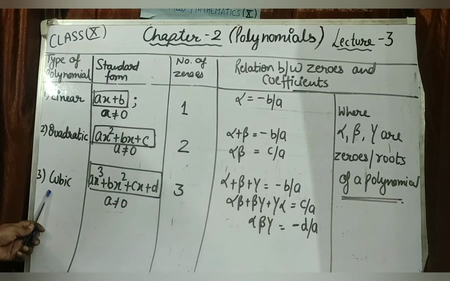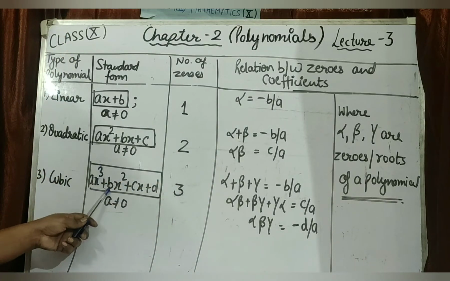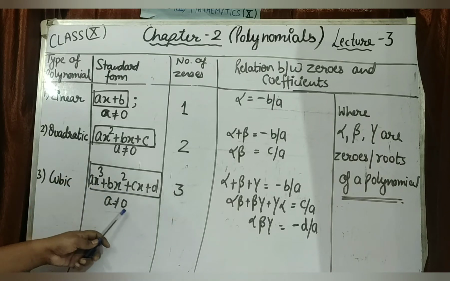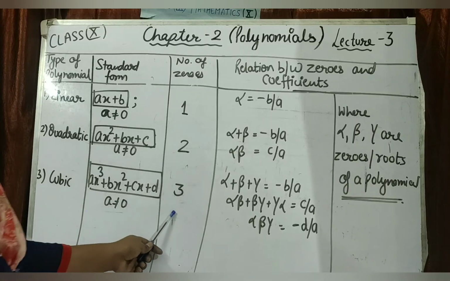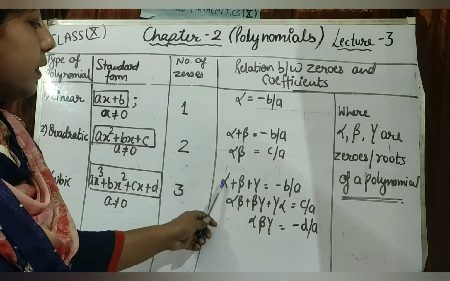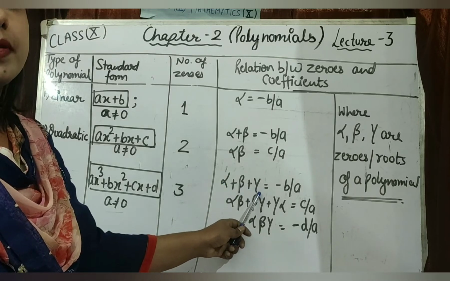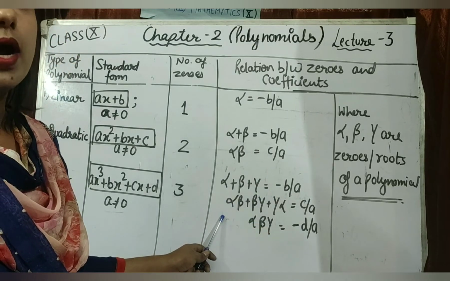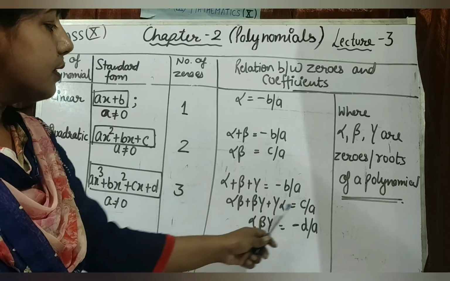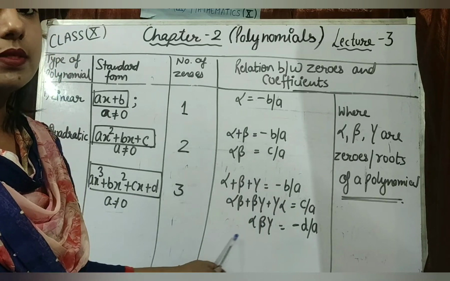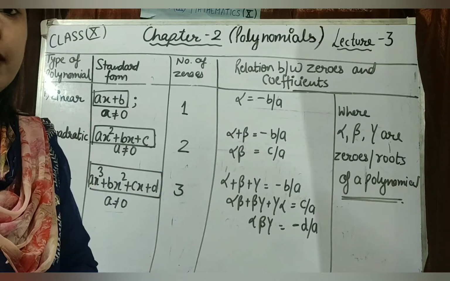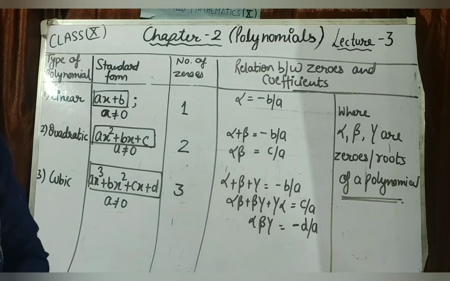Third is cubic, that is ax cube plus bx square plus cx plus d, where a is not equal to 0 and the number of zeros is 3. The relations are alpha plus beta plus gamma, the sum of zeros, as minus b upon a, the sum of the products of two consecutive zeros as c upon a, and the product of zeros as minus d upon a, where alpha, beta, gamma are the zeros or roots of the given polynomial.